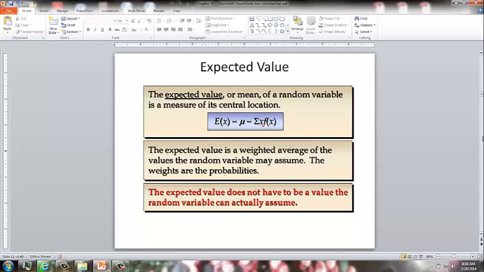Write down the outcome each time. You'll have a sheet of paper with a lot of numbers. You could group the data. You could create relative frequencies and so on, and you could calculate the mean of the 5,000 numbers on the sheet. That is exactly the expected value. Be careful. As I've noted in red, the expected value does not have to be a value that the random variable can actually assume.